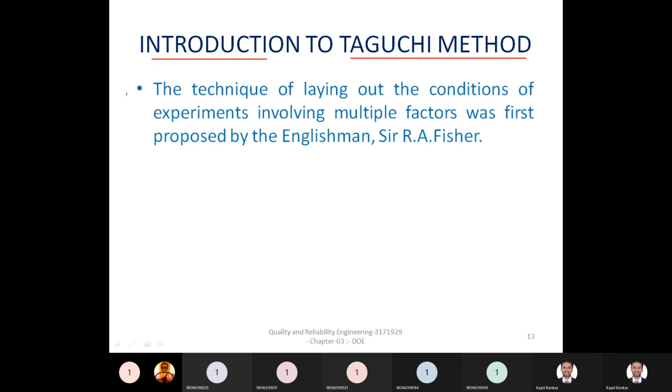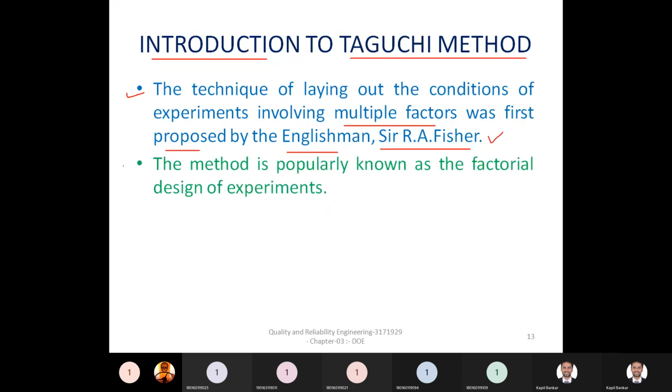This technique is one of the DOE techniques, design of experiment techniques, that is known as Taguchi. And this technique of laying out the conditions of experiment involving multiple factors was first proposed by an Englishman, Sir R.A. Fisher. So Sir R.A. Fisher developed this multiple factor design.